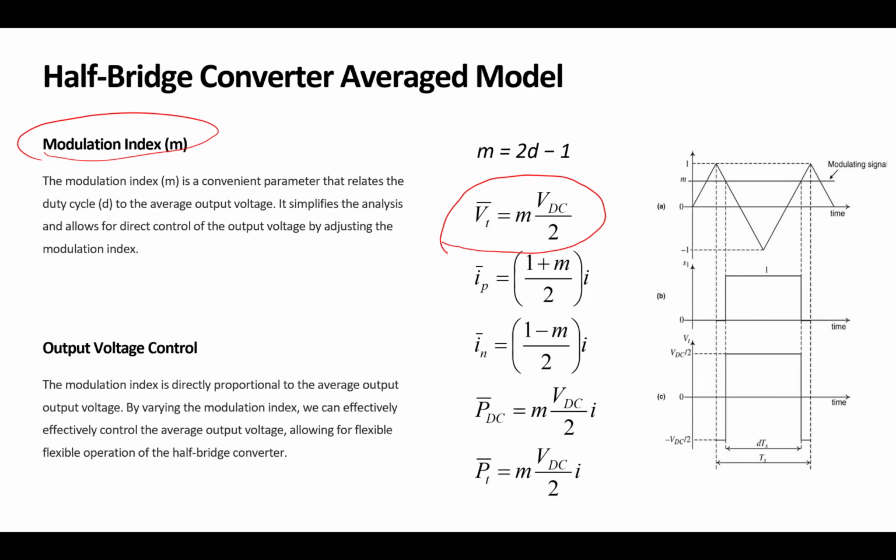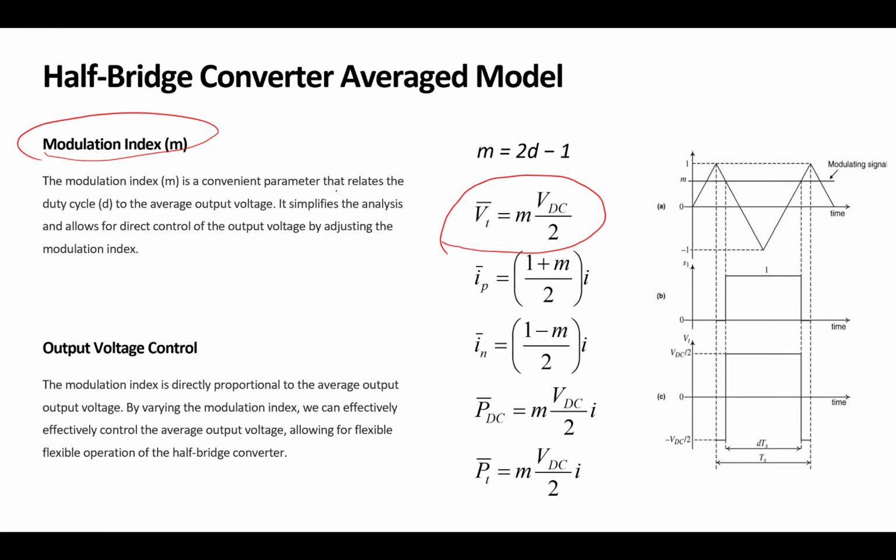So the modulation index in inverters is the gain that you get from the inverters, to change the level of the voltage, the average level. It's an AC. The average level of the voltage at AC compared to whatever DC voltage that you had in input.